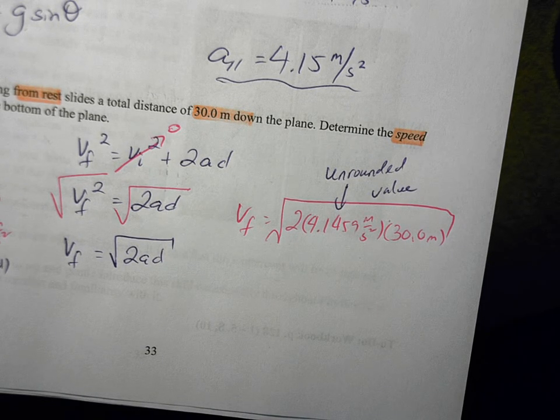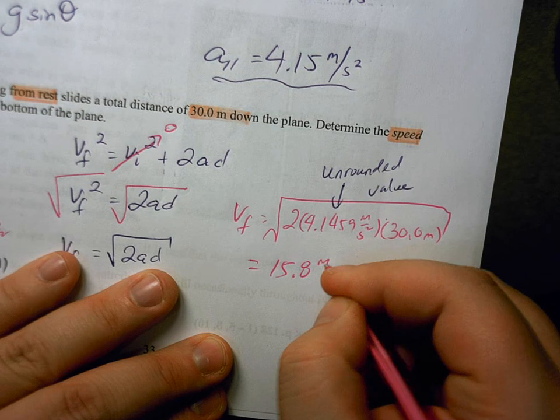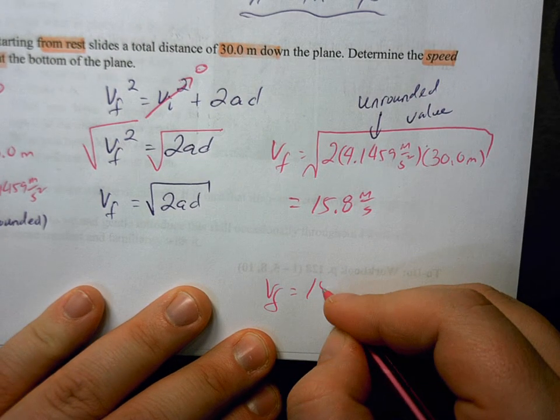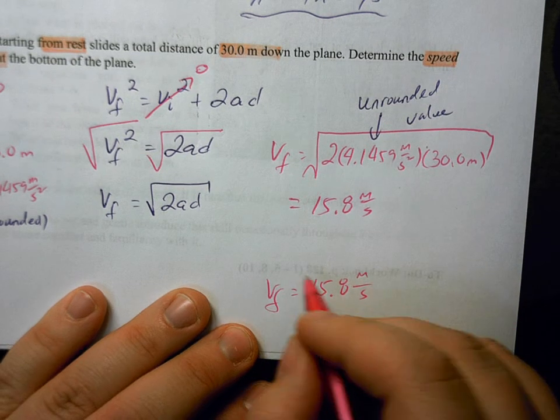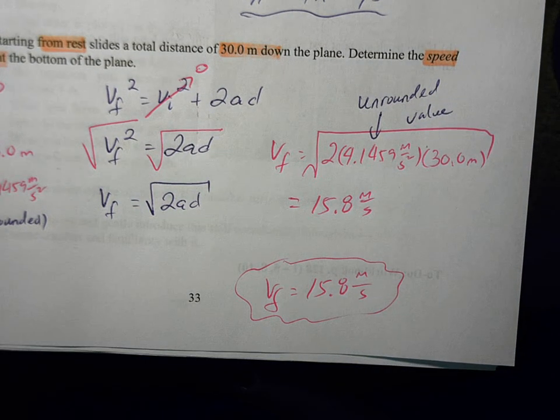So if we calculate that, we're going to get about 15.8 meters per second. So we could say that the speed at the bottom of this plane is about 15.8 meters per second. So the box is traveling at a decent speed, so we probably don't want to be standing in the way of that. But also realistically, we're not going to be dealing with frictionless surfaces. There's going to be friction involved.